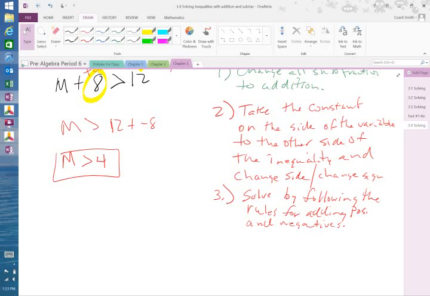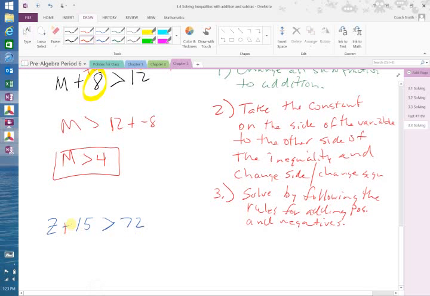All right, let's look at another example. Z minus 15 is greater than 72. So, change all subtraction to addition and do the opposite of the number behind it.